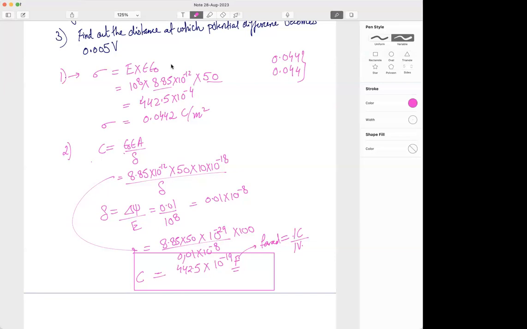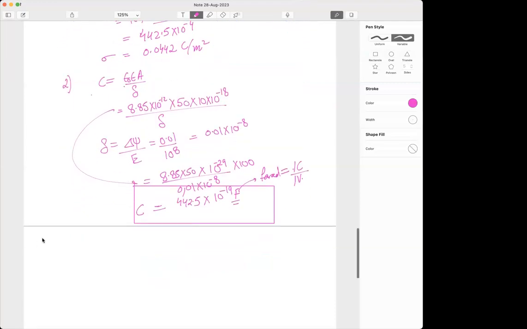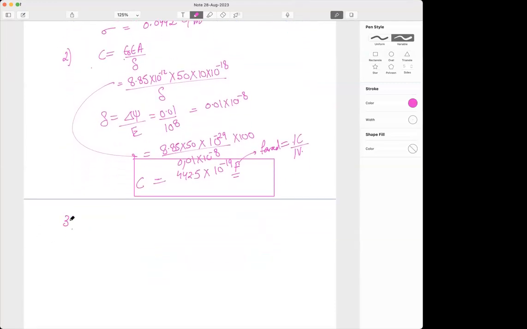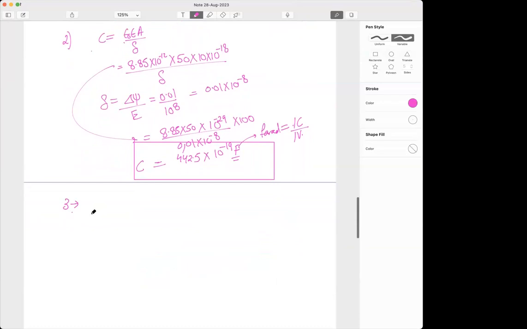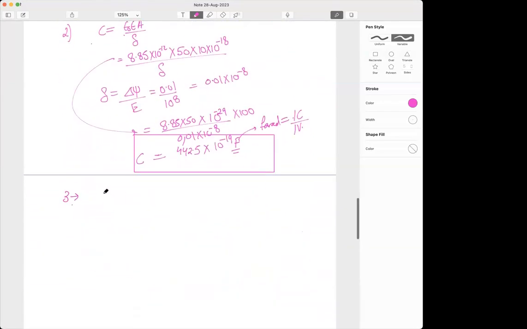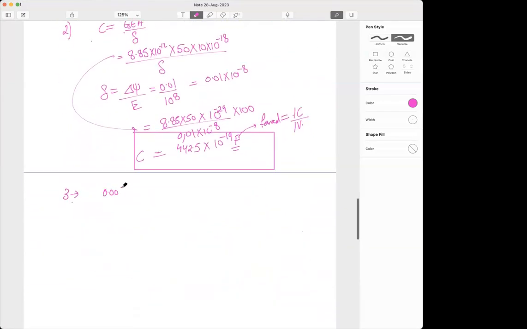Is the answer 0.05 nanometer? So, to check it, how did you calculate it? Potential difference divided by electric field. Electric field: 0.05 volt divided by 10 raised to 8. So what you are calculating is delta, no?